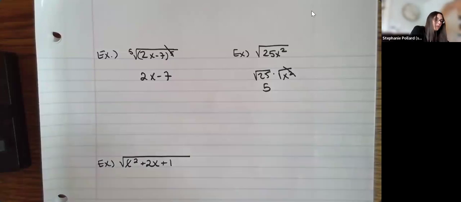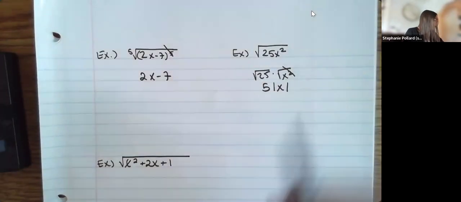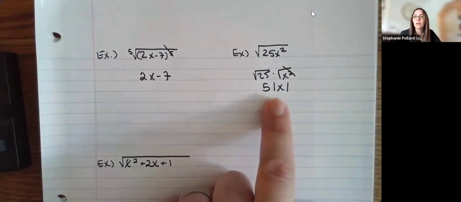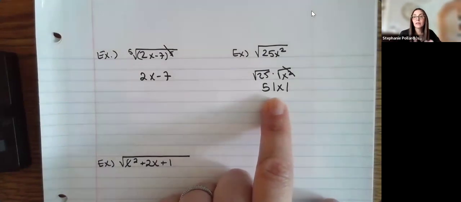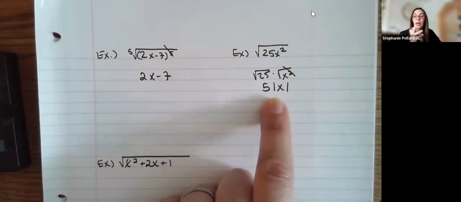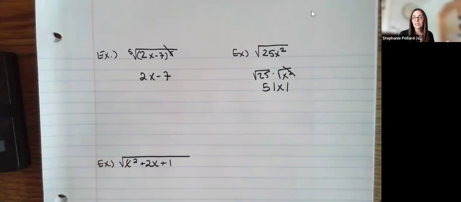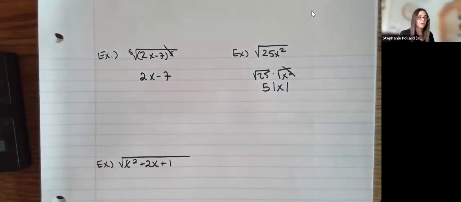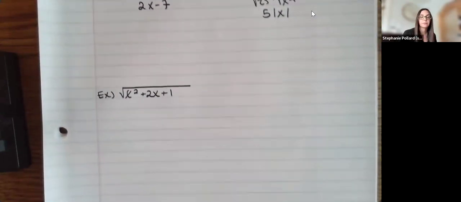And then you are left with just the absolute value of x. So it does look a little bit funny for your answer here. But that would be the correct final answer, again, if you don't know anything about the x values. If it does say that x is positive, then you can just write 5x. But if it does not say that, then you do have to use the absolute value for those even powers.